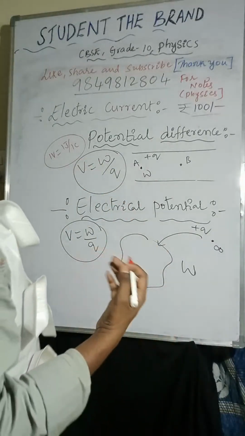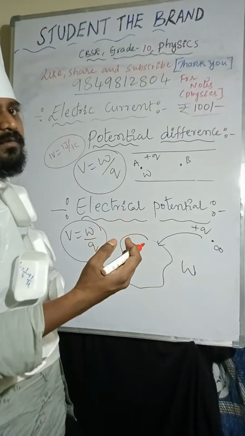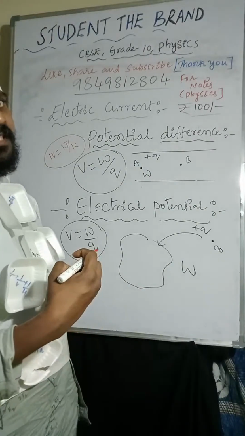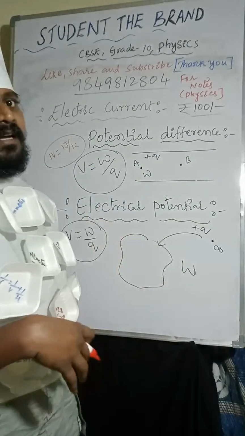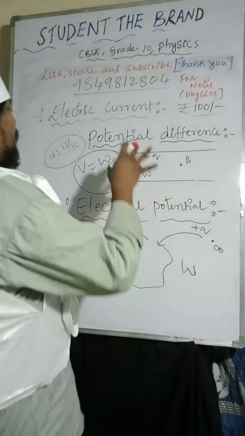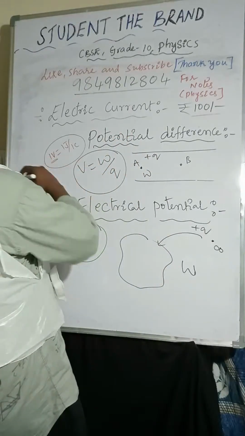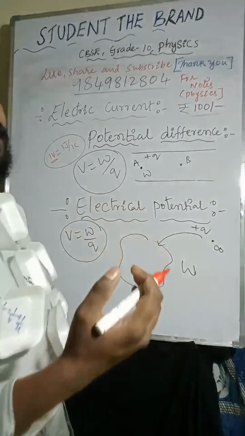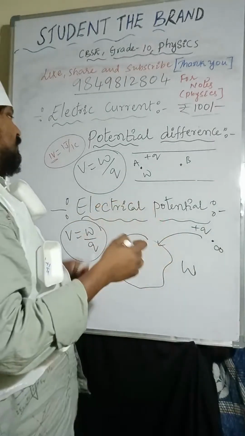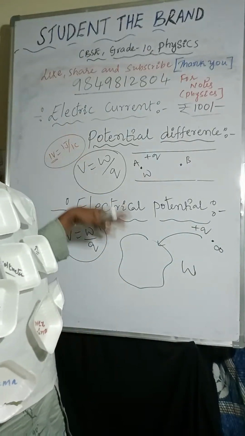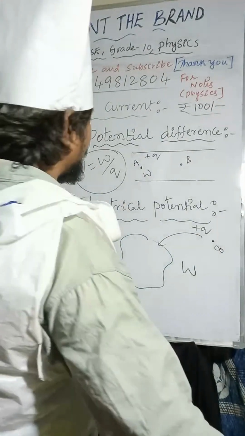If you are taking within 2 points, we can say work done to bring unit positive charge from one point to another point within the conductor is called potential difference. So that's enough. This is about the potential difference and electrical potential.